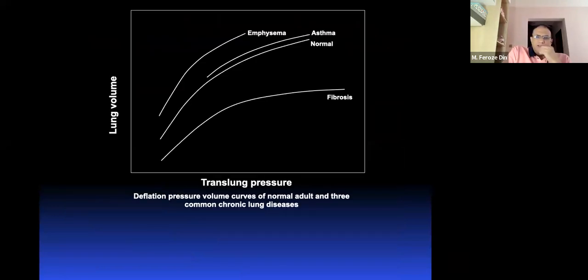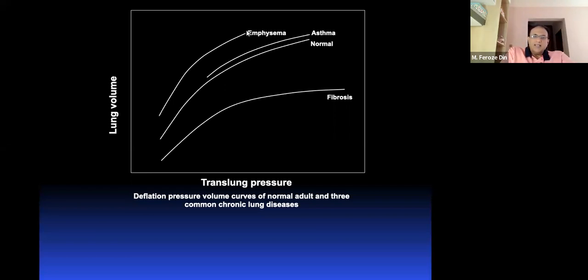Just to give you an idea, at the moment we don't want to bring too much pathophysiology, but in a normal person we have this lung volume curve. If someone has fibrosis, certain diseases cause fibrosis of the lungs, it will be much lower. The compliance will be poorer.